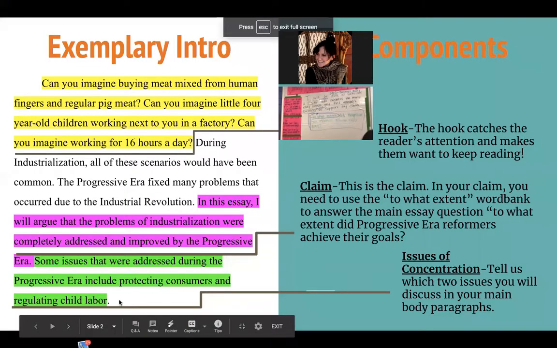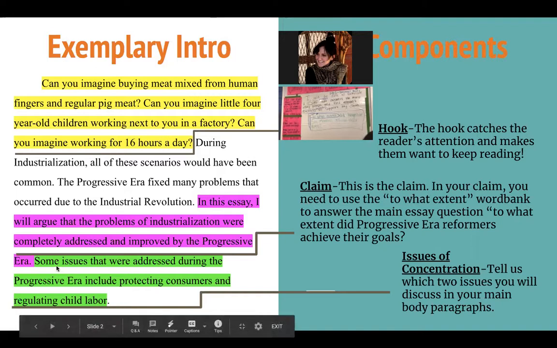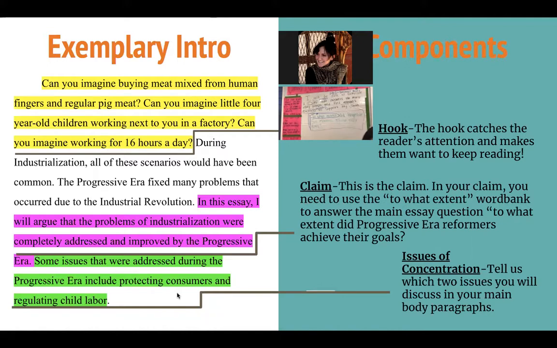Their issues, the sentence which presents which issues this author will concentrate on is highlighted in green. Tell us which 2 issues you will discuss in your main body paragraphs at the end of your introduction. That way, you're kind of laying out a map for the rest of your essay. We know what is coming.